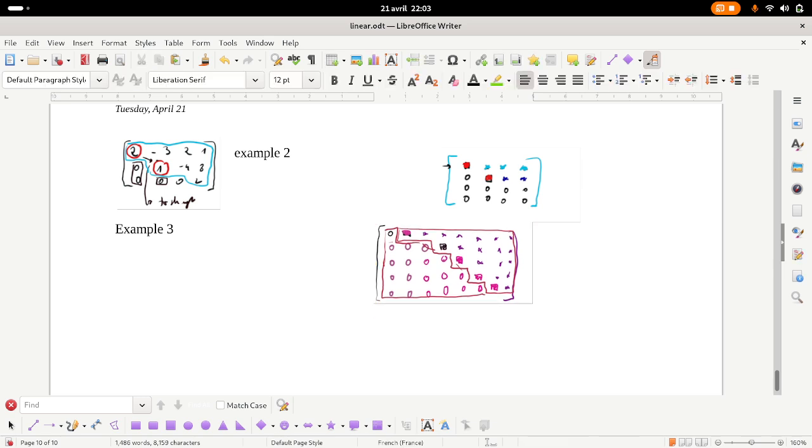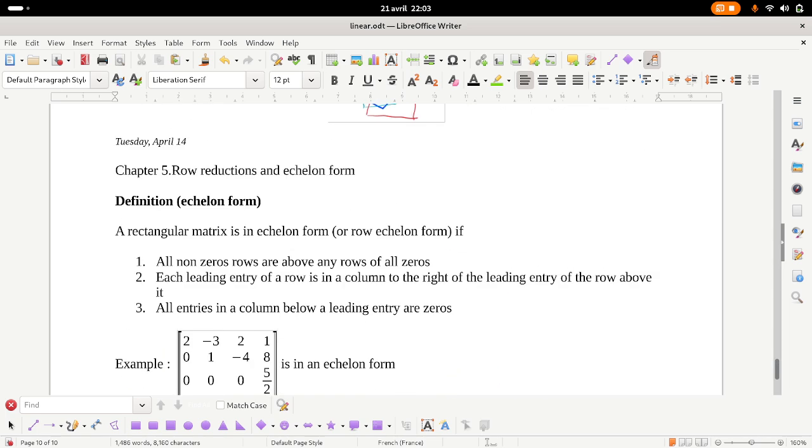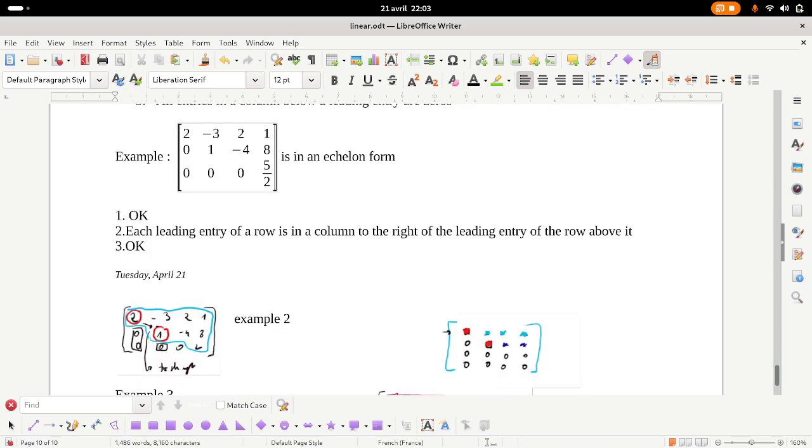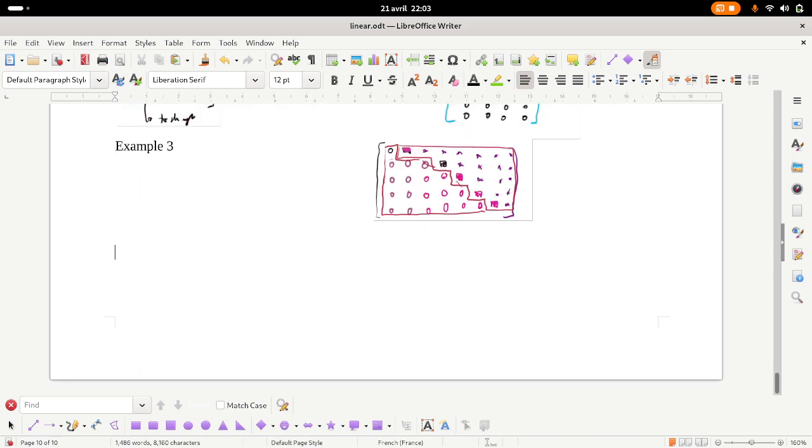And we go with a definition. If a matrix in echelon form satisfies the following conditions we have seen here, we say that the matrix is in reduced form.